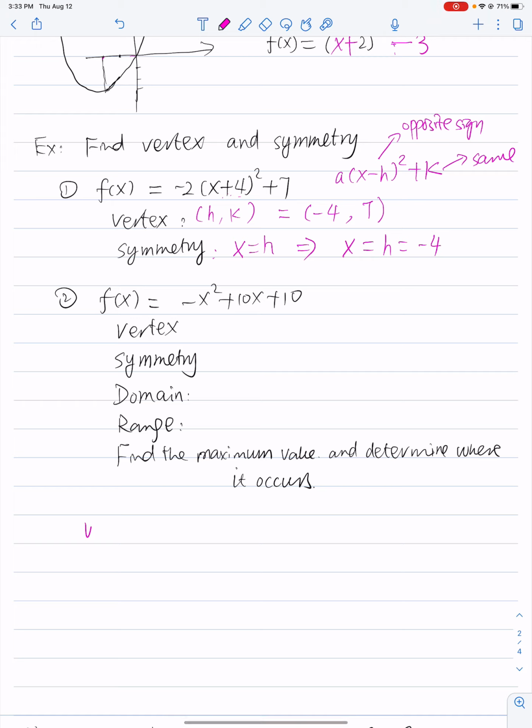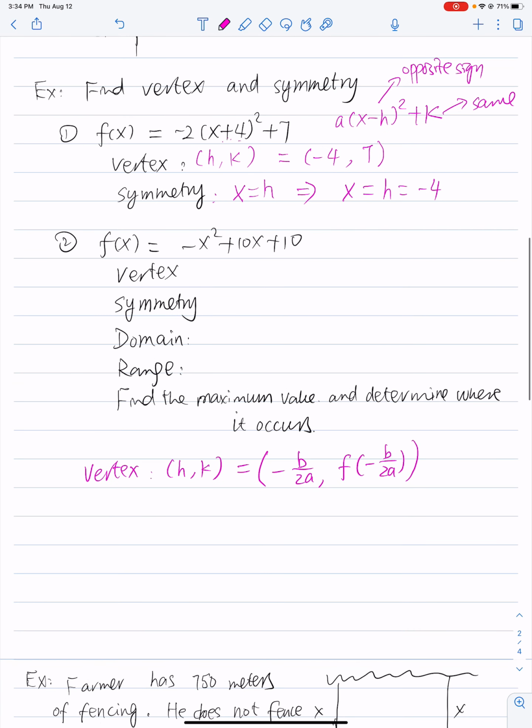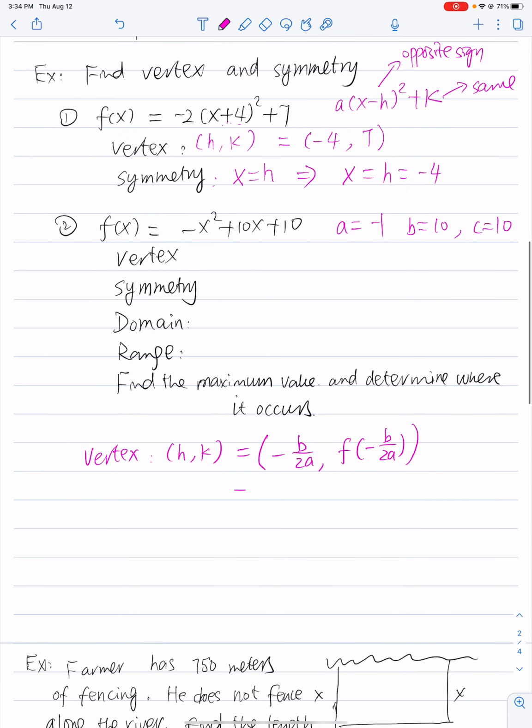So the vertex is (h, k), where h is negative b over 2a, and k is f of negative b over 2a. What is a here? Negative 1. B here is 10. C here is also 10. So we plug it in.